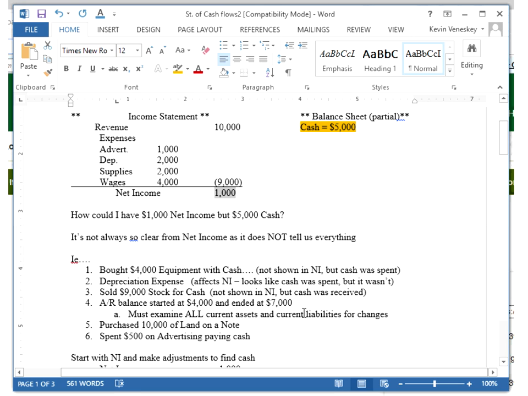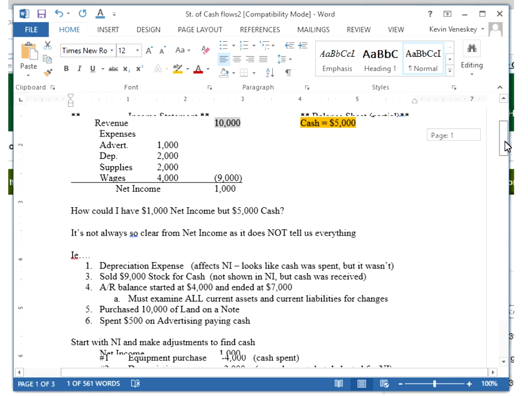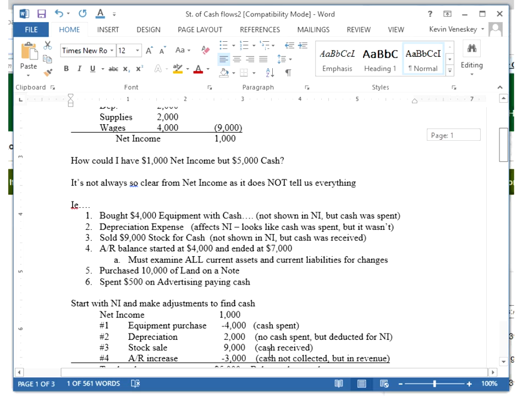So I need to make an adjustment. It's not that I really lost cash, but if I have this $1,000 based on an assumption that there's 10,000 cash coming in, well, there's really not. So I need to take away 3,000 as an adjustment, because cash was not collected, but it was counted in my revenue.